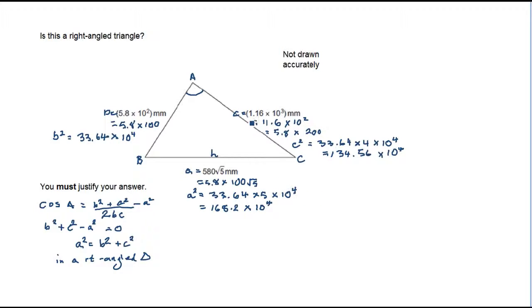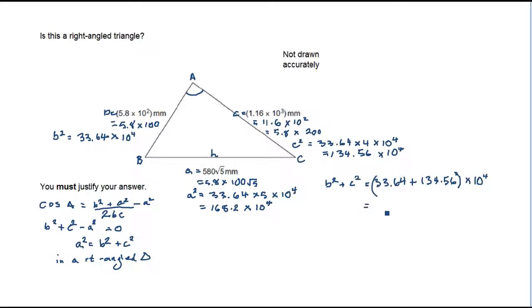Okay, so we've got a squared. We now need to add b squared and c squared. So let's write it here. b squared plus c squared equals, and I can distribute the 10 to the 4 now, so I just need to add the first terms here, so 33.64 plus 134.56, times all of that times 10 to the 4.